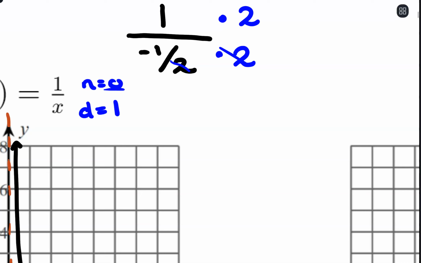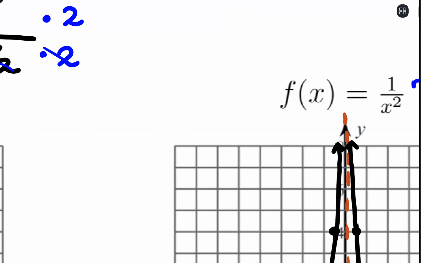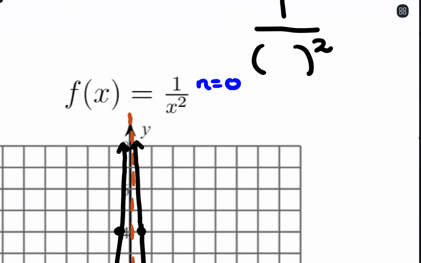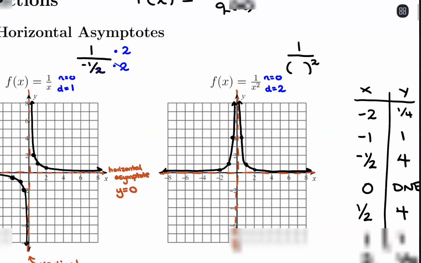So comparing 0 and 1, that denominator is larger. That's why we're seeing y equals 0 come through. It's also true for the 1 over x squared. The degree of the denominator is a positive 2, so the degree of the denominator is larger, and that's where we're seeing that y equals 0 horizontal asymptote.